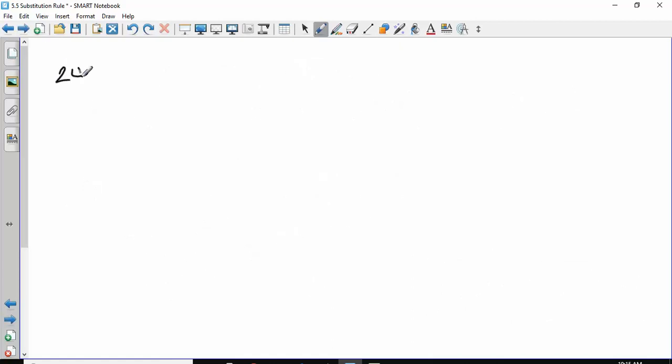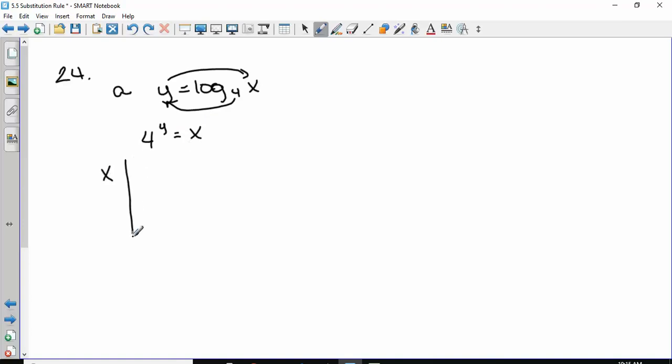24. Let's talk about graphing. So we always change these to exponential. This means 4 to the y equals x. So if you make your t-chart, exponentials, we always put in 3 points for the exponent, which is my y. 4 to the negative 1 is 1/4. 4 to the 0 is 1. 4 to the first is 4.